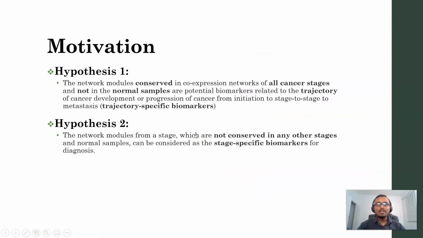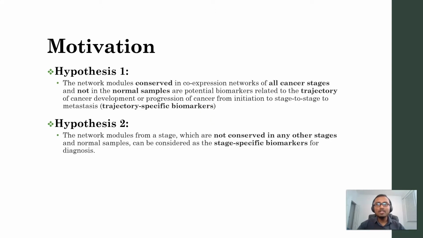So we are targeting here 2 hypotheses. Hypothesis 1 concerns the co-expression networks of multiple stages and the subnetworks that we are extracting from those co-expression networks. If a module is conserved in the co-expression networks of all other cancer stages but not in normal samples, that means those cancer modules might be trajectory-specific biomarkers.